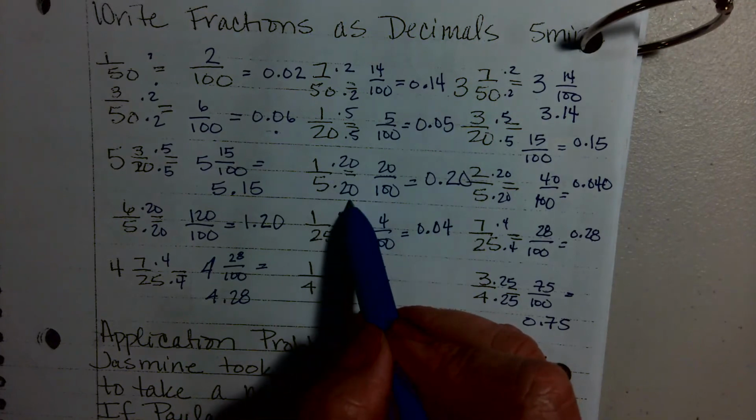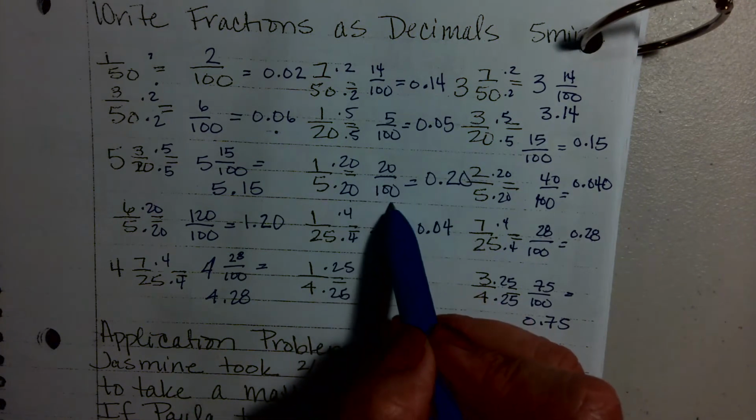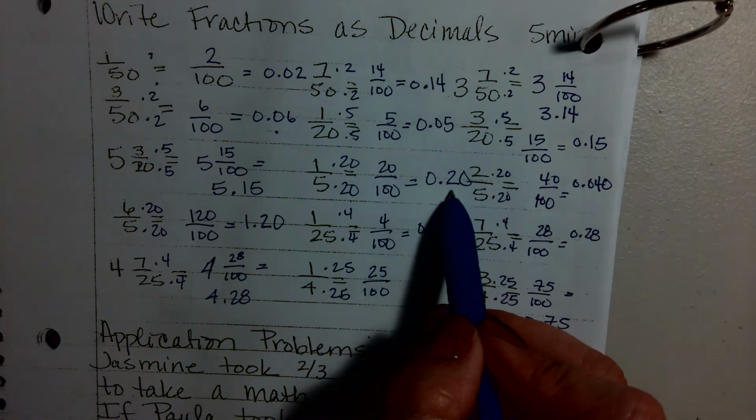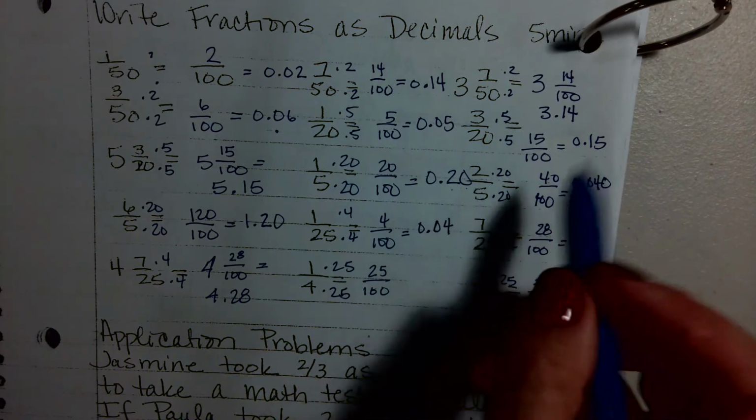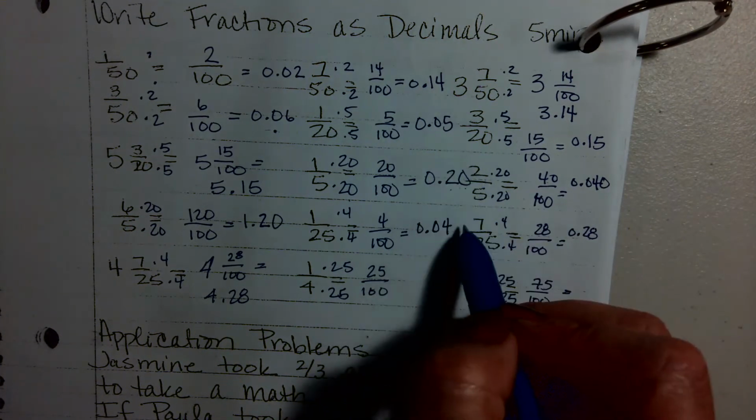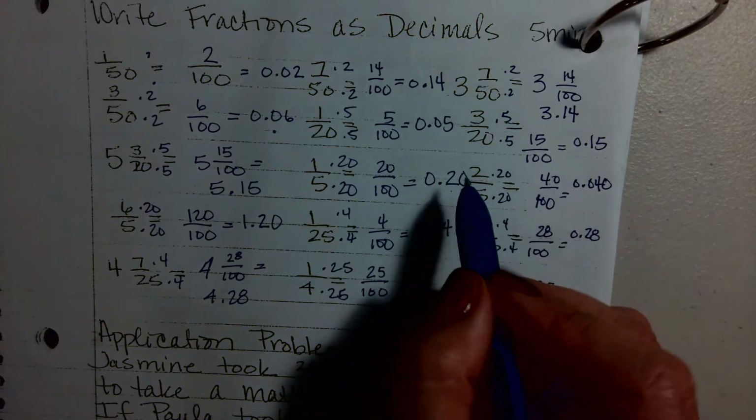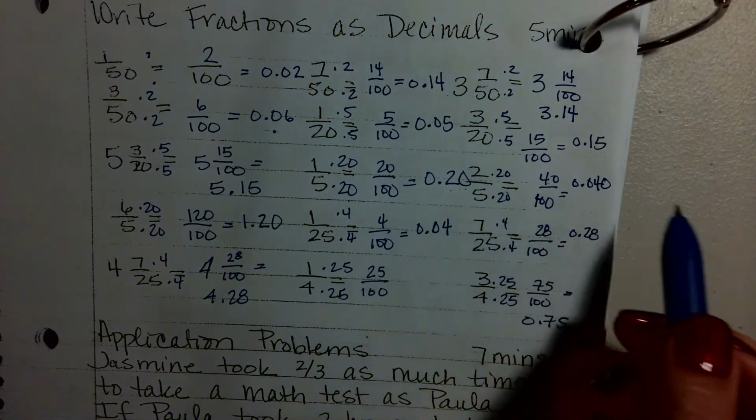1/5, multiply top and bottom by 20, I get 20 hundredths, 0.20. But you could just get rid of the 0. But if you want to represent it as hundredths, you can do it that way.